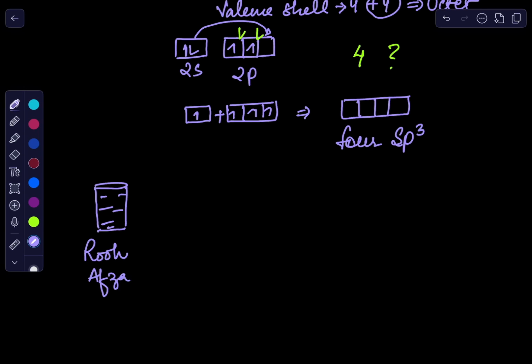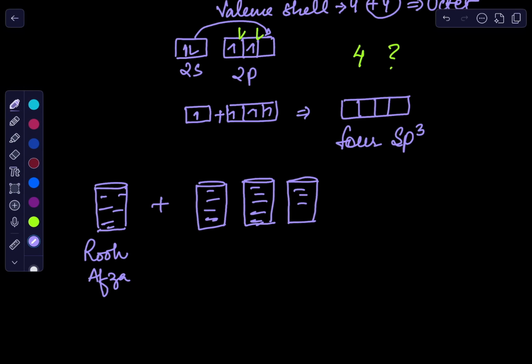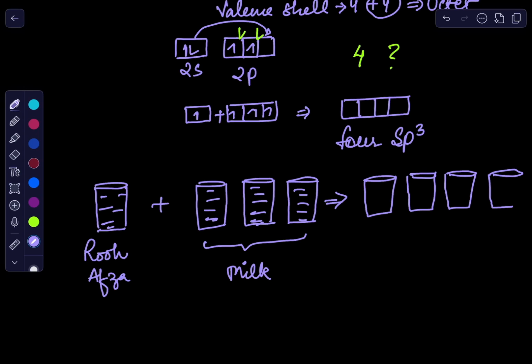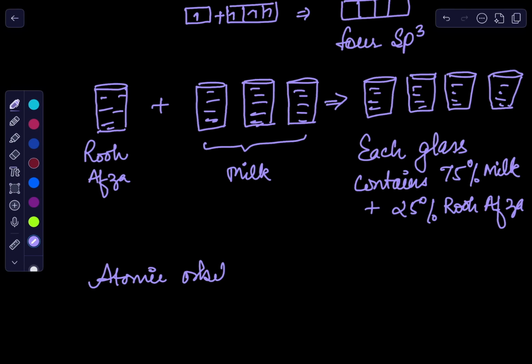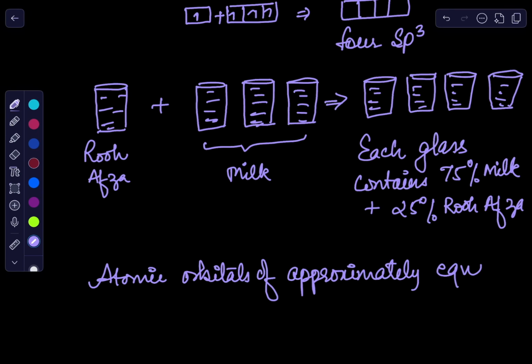Let's take a wonderful case to understand hybridization. Suppose I take 1 glass of Rooh Afza and 3 glasses of milk, and I mix all these 4 glasses together, and then I pour the mixture again into the 4 glasses. So I will find that each glass contains 25% Rooh Afza and 75% milk.